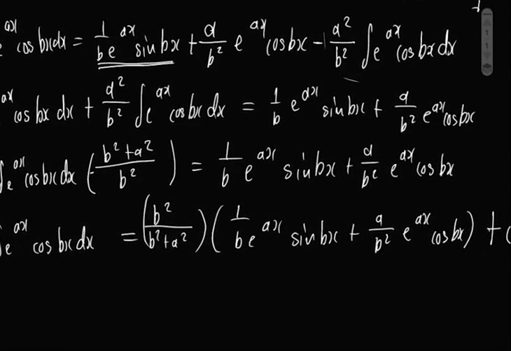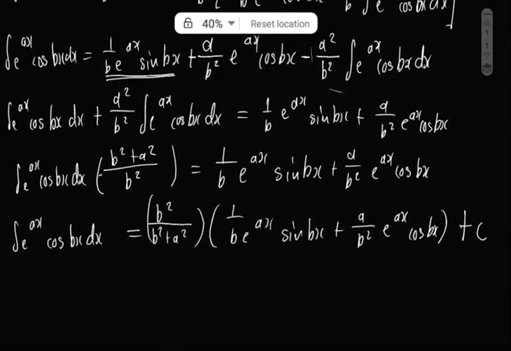Okay, so here we've added the constant of integration, and this is what it should look like. If you want to factor out e to the ax, it's still fine, and you can be able to solve. So this is your solution, and that's how you get to it, all right?